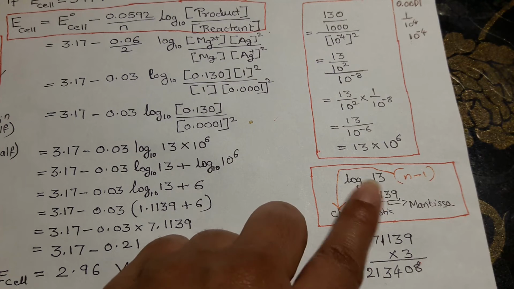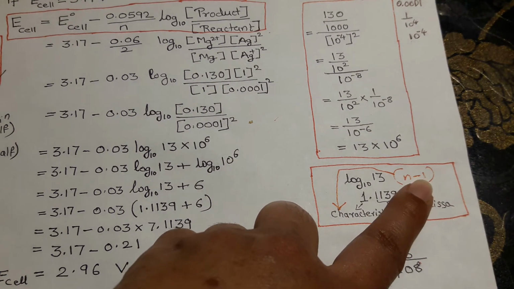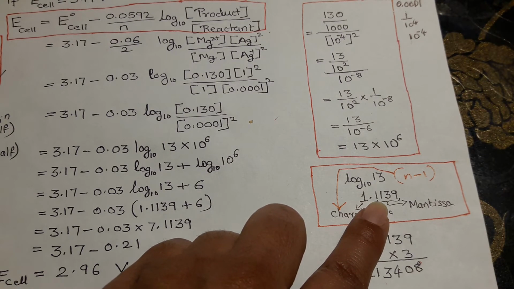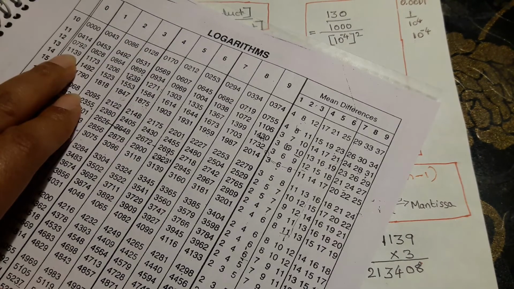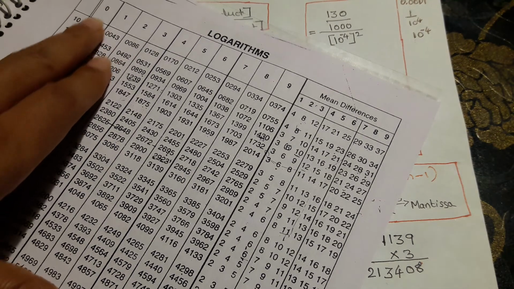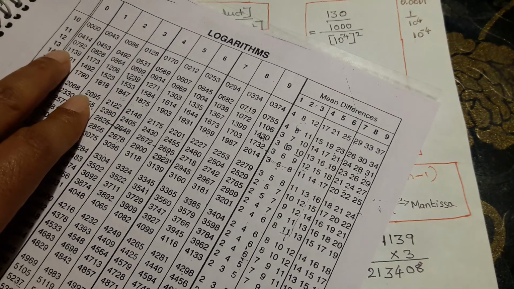Characteristic we know how to find. Since there are only two digits here, we write 2 minus 1, so the characteristic is 1. And for log of 13 we need to see the table. We come to know that the mantissa of 13 is 1139, because we see it under 0, as after 13 there are no more numbers.